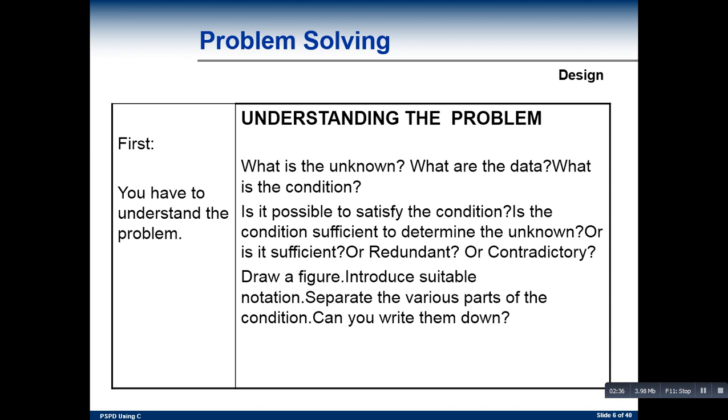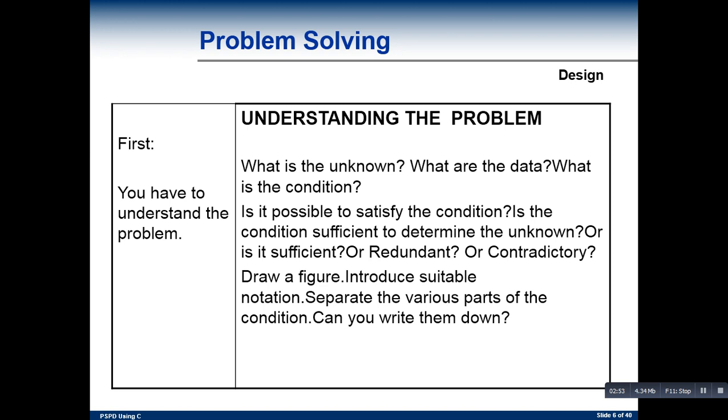Draw a graph, introduce suitable notation, separate the various parts of the condition. Can you write them down?